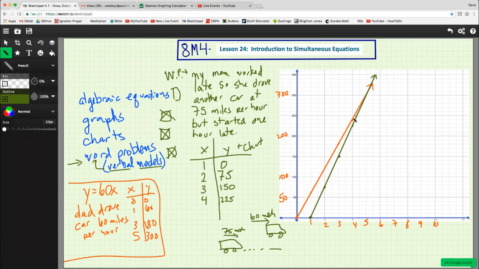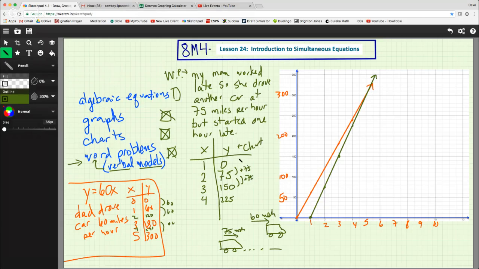So that makes sense. Let's look at it from the chart perspective. On the chart, my dad's only going 60 extra every single time there's an hour, right? At 2, there's 120, and at 4, there's 240. He's only adding 60 for every hour, but my mom's adding 75 every hour.